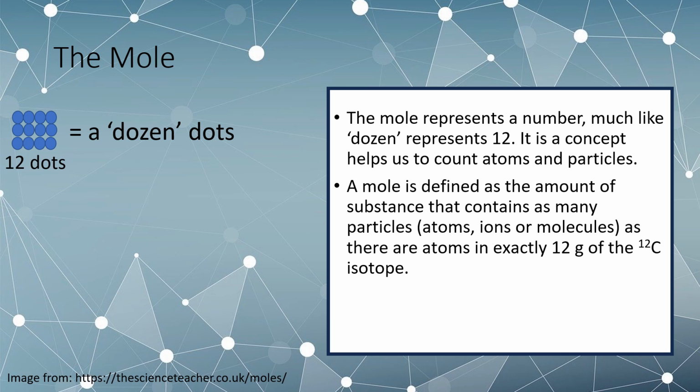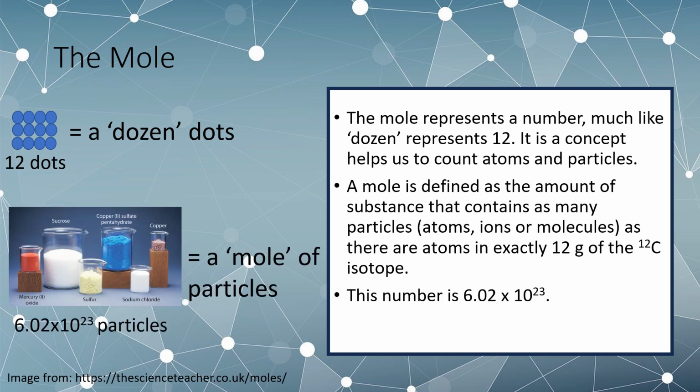The number of carbon atoms in this 12 grams has been experimentally estimated to be 6.02 times 10 to the 23 atoms. This number, 6.02 times 10 to the 23, is called Avogadro's number.